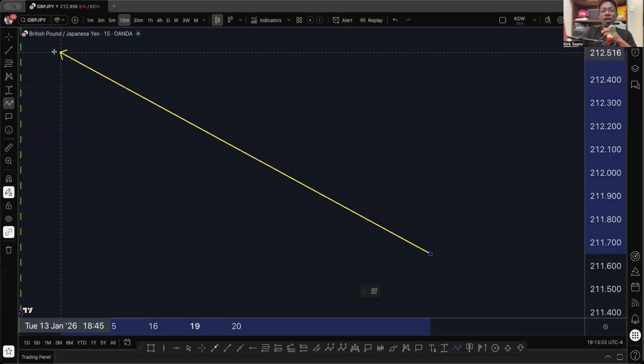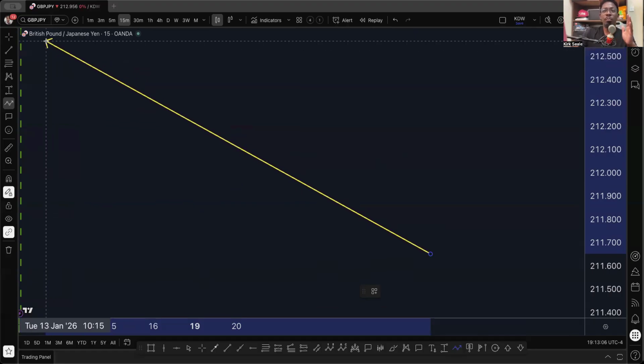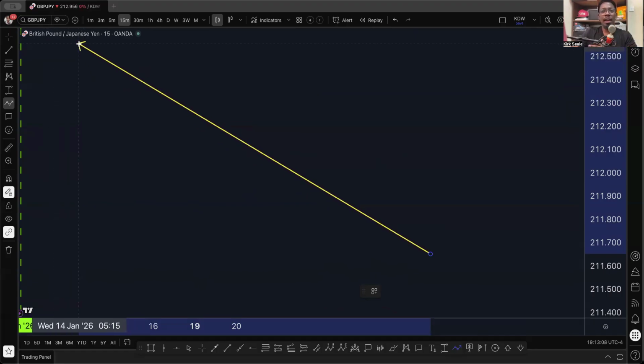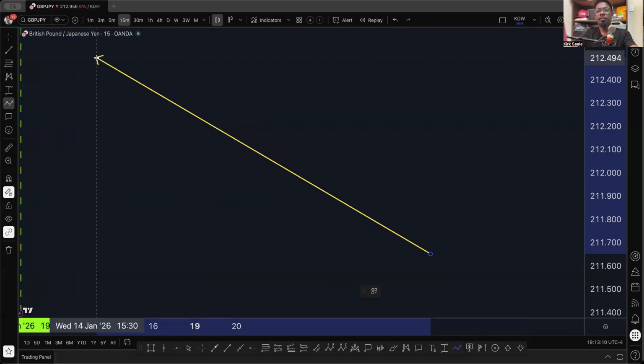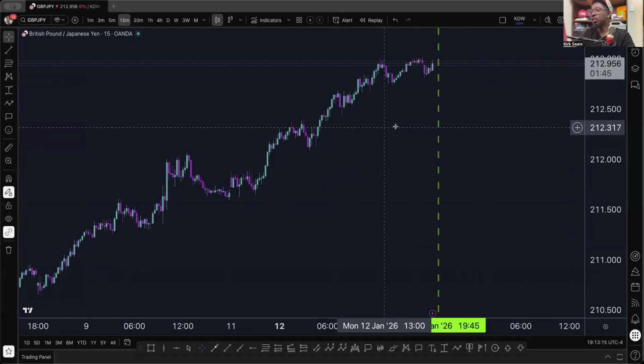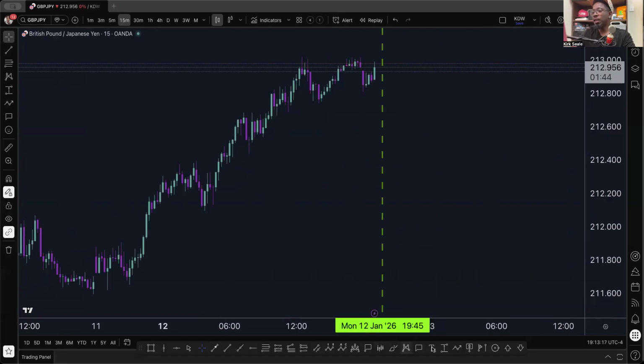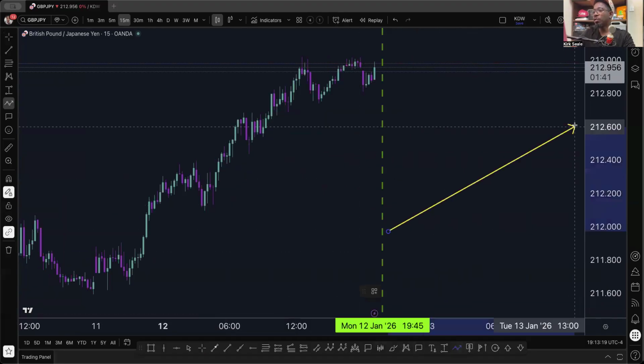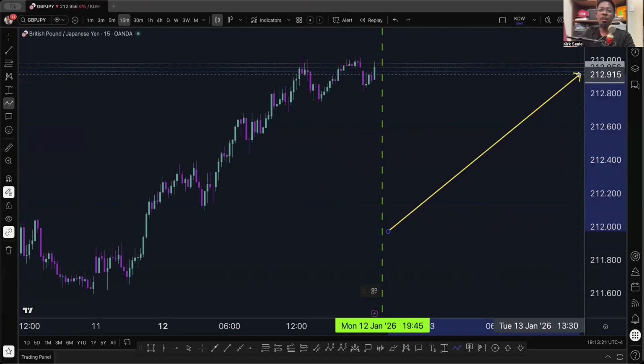So this chart simply says for 1 British pound, we're going to get X amount of Japanese yen. The current price is represented at the top right of your screen, where you're going to see 212.